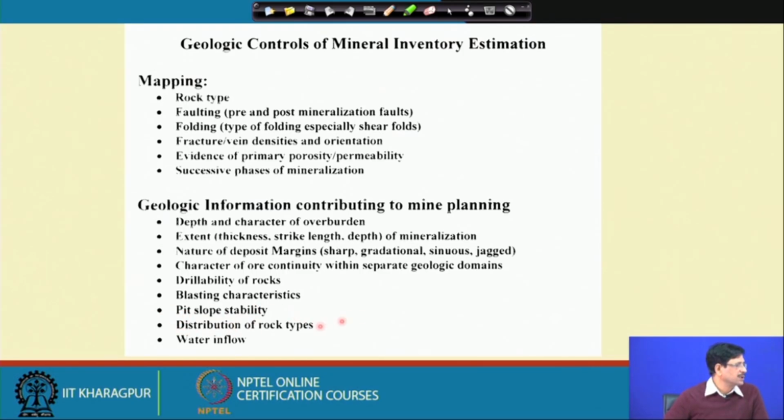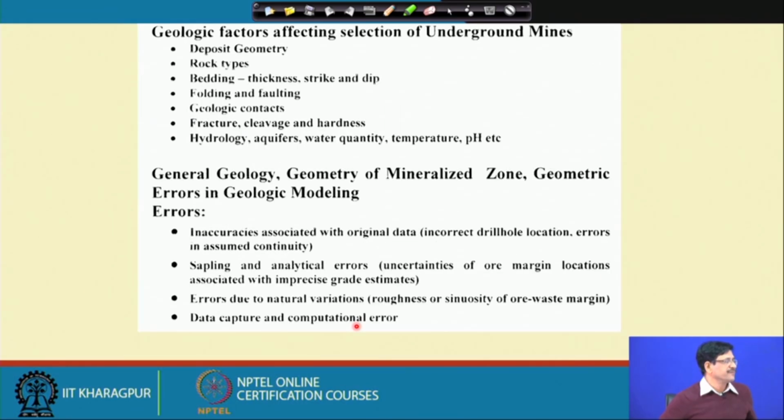And the distribution of rock types and the water inflow is another important point. It not only affects the process of mining, but in many situations the water itself gets contaminated, which we will see in the concluding part of our lecture series about environmental impact. So, the water inflow characteristics also have to be very well studied.